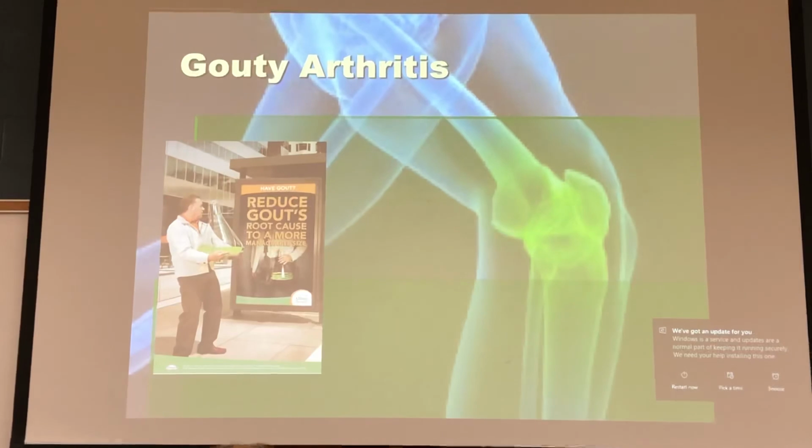If you were diagnosed with osteoarthritis, it's something you're going to be dealing with for the rest of your life. If you have rheumatoid arthritis, RA, you're going to be dealing with that, maybe controlling it with some medications, but dealing with it for the rest of your life. Gout, you may have something this weekend and it may not come back until the summer or the winter or next year or next week.